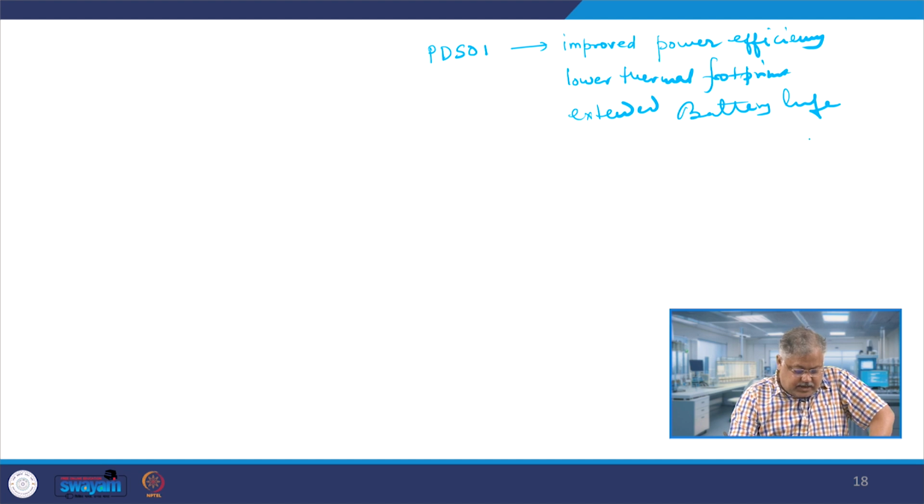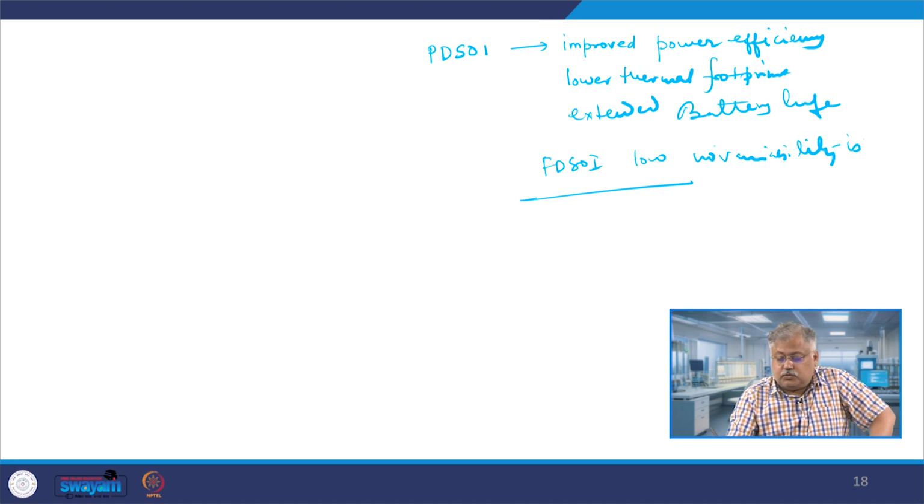Now in FDSOI, dopant usage is greatly reduced, and since you are using very low dopants, variability issues are almost negligible. So there is no variability issue.